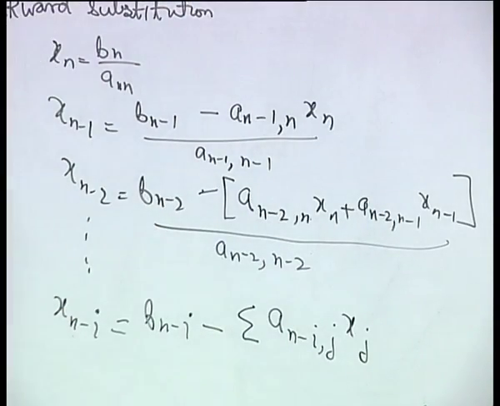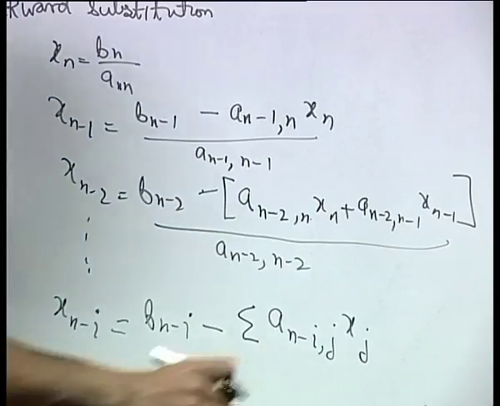What is the range of j? So, it is better to write x_{n-j}.